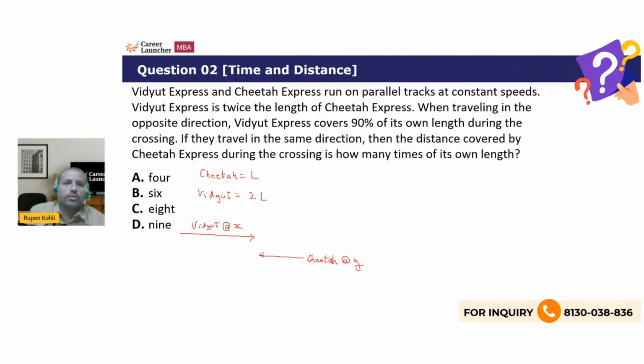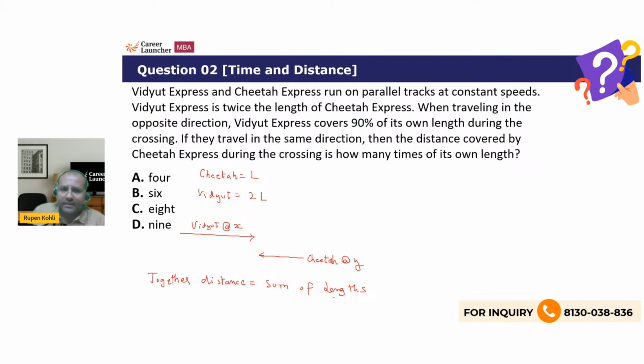Now we know that when crossing happens, the two trains collectively, I'm writing this so that you don't forget, together will cover a distance equal to the sum of the lengths of the two trains. Roger has said B, we'll just check, Roger.